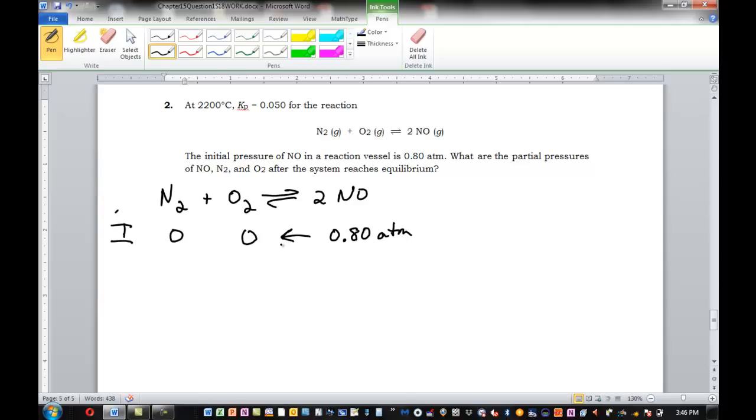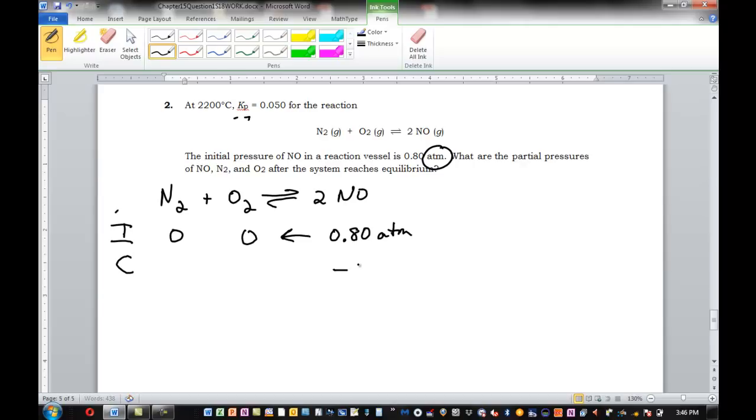All right? The other thing not to be confused about is the unit of atmospheres. We are given Kp, not Kc, so we do need to work with pressure as our unit of concentration. All right, well, let's do our change now. Since we have just product to start, no reactant, it has to go to the left.